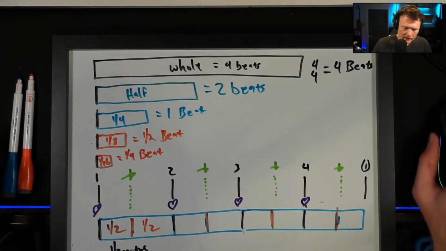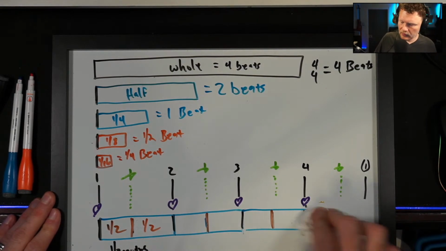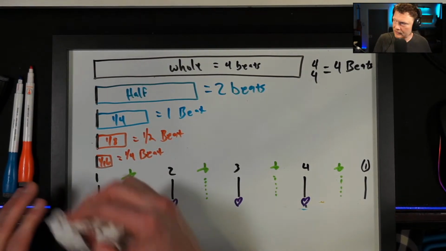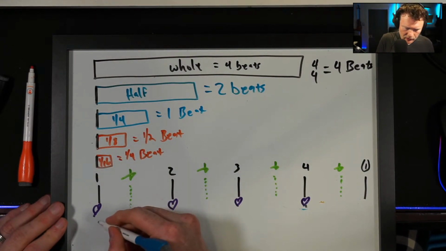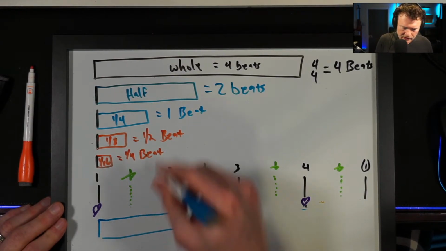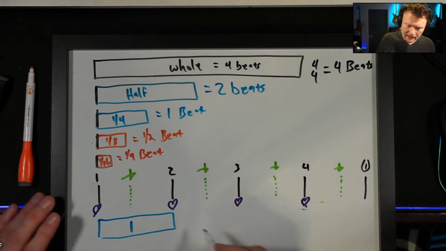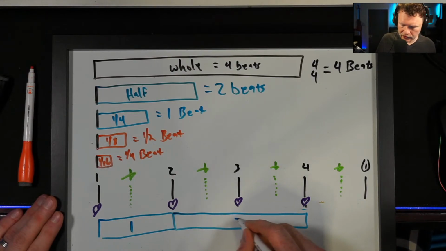Now, again, we can make any sort of combination of this whole thing. And I'm going to show you in a second how things start to get a little bit jacked up. Let's say I wanted to have a quarter note. This is going to be 1 beat. And then let's say here I want to put in a half note. It's worth 2 beats.